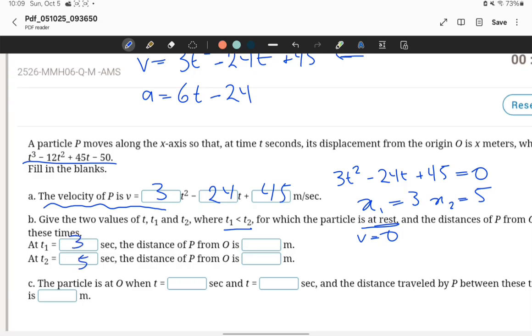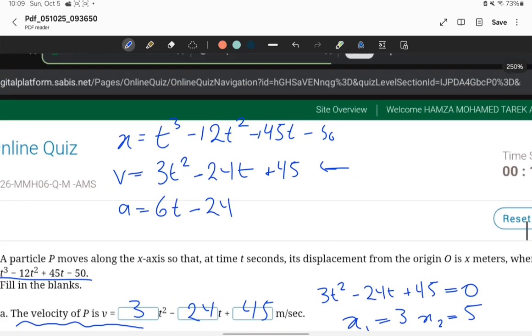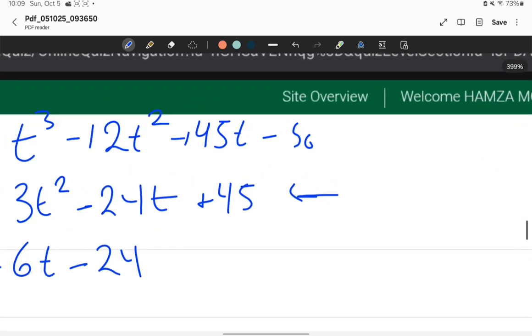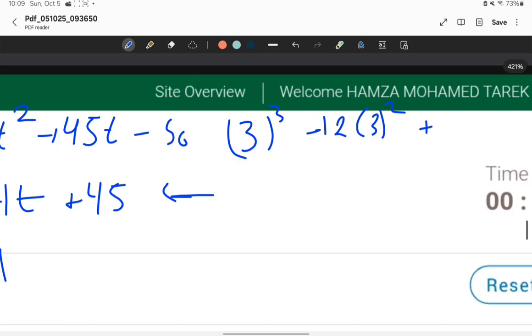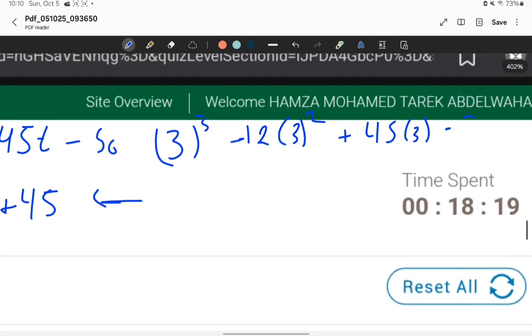Okay, the distance of p from O at this point is 3. Now for distance, you take the distance equation, the one they gave us, and substitute 3. So in this equation up here, we take 3 cubed minus 12 times 3 squared plus 45 times 3 minus 50, and you get 4.